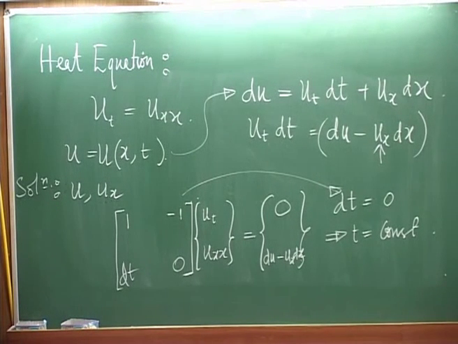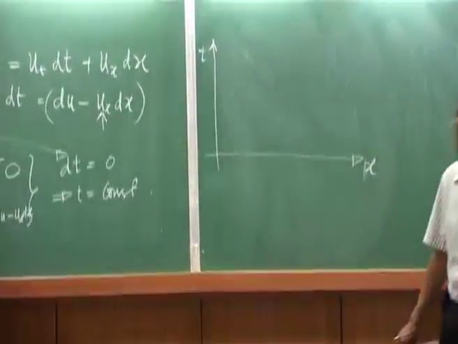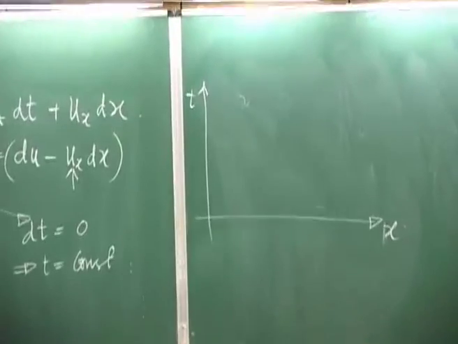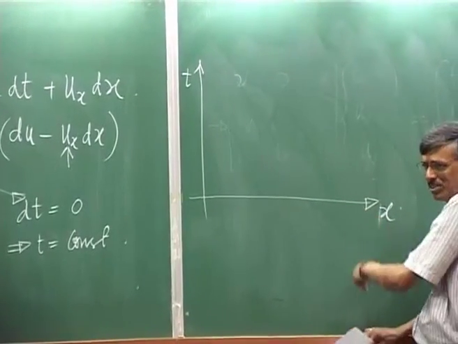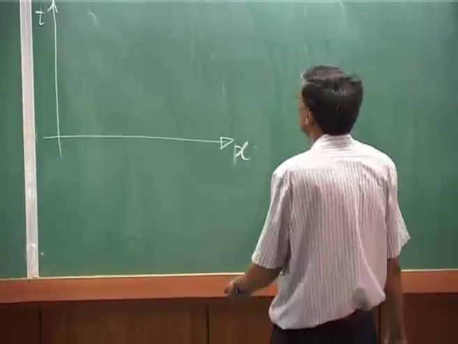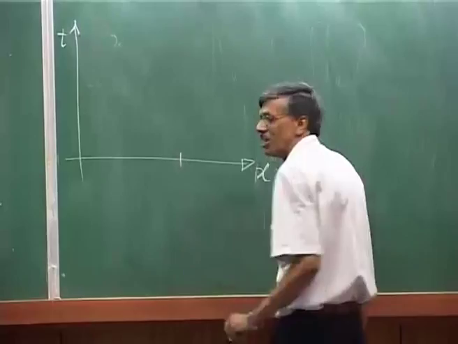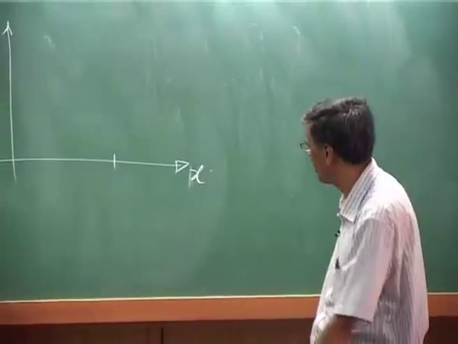So, I will plot x in this direction and t in this direction, and as you know, in most of the heat transfer problems, probably the simplest possible problem is this one dimensional thing. I mean, you have a rod, you heat it from one end and then you try to get the solution. So, the length of the rod will tell you the region where you are interested.